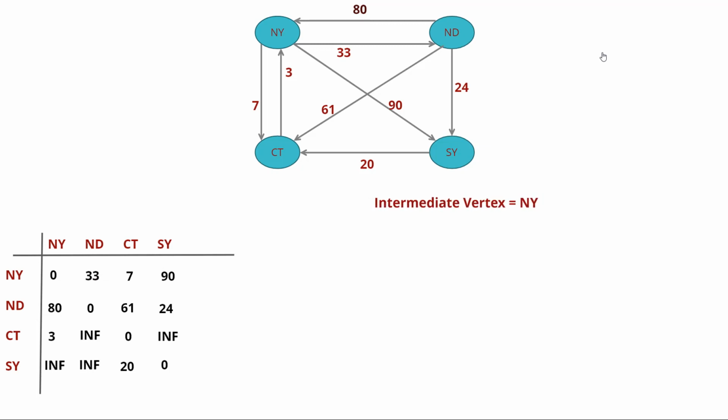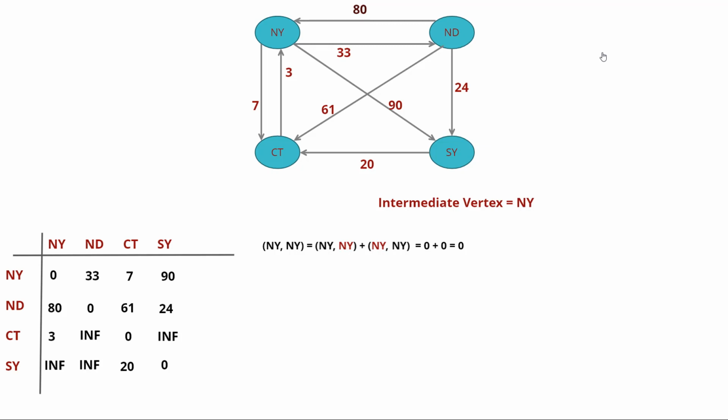Here row 1 is NY and column 1 is also NY. I can understand that you are wondering why we have to find the shortest path from NY to NY, because both are the same vertex. Here I am trying to explain how the program will iterate through the matrix to find the shortest path by inserting an intermediate vertex from NY to SY.